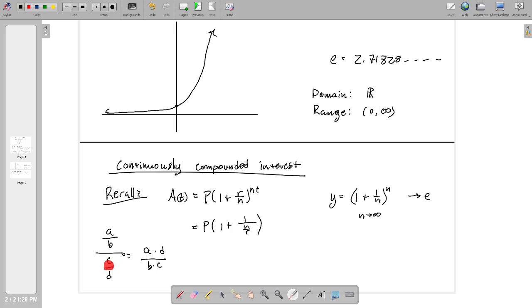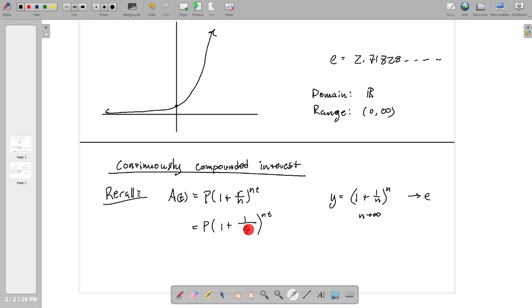Specifically, that we flip the denominator and we multiply. So this, written in this way, is identical to this term here. r over n is the same thing as 1 divided by n divided by r, where n over r is in the denominator. And I'm going to have my nt here. So I have an identical statement. I just rewrote it. It's a different form.